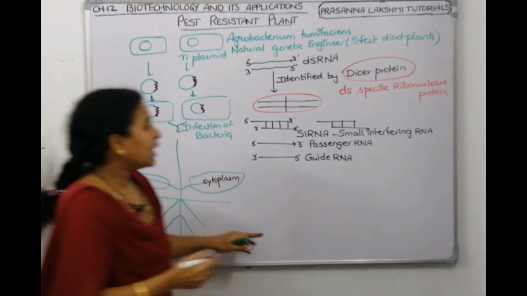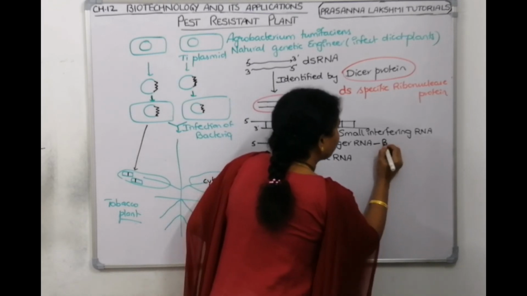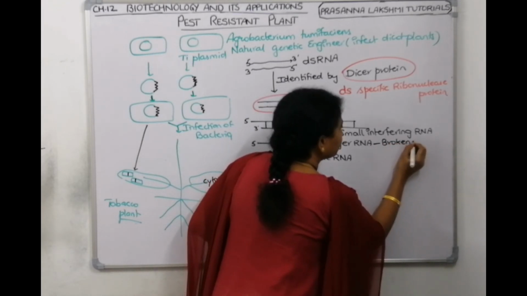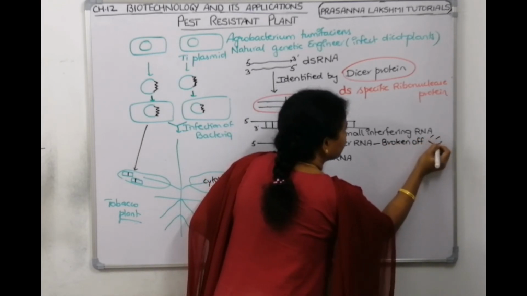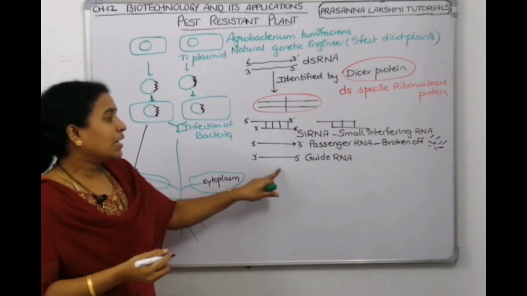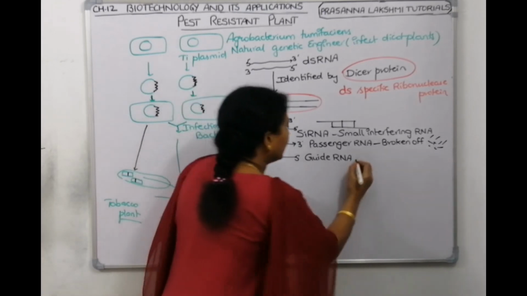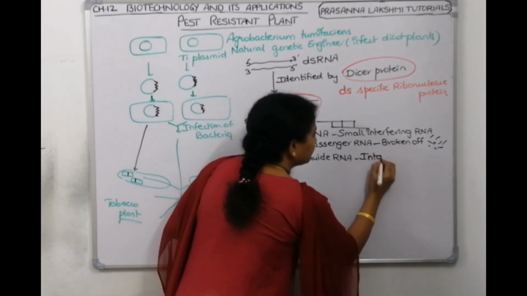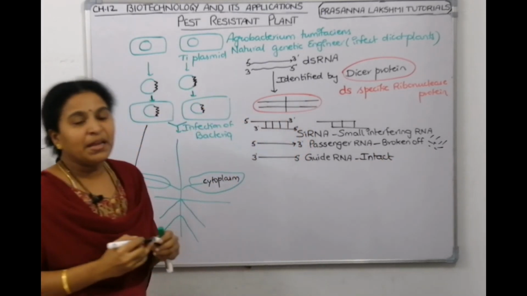The passenger RNA is broken off. The guide RNA will be intact.